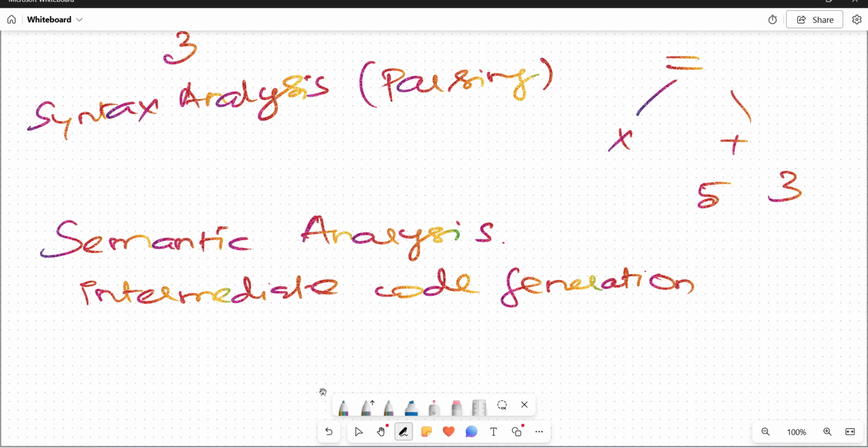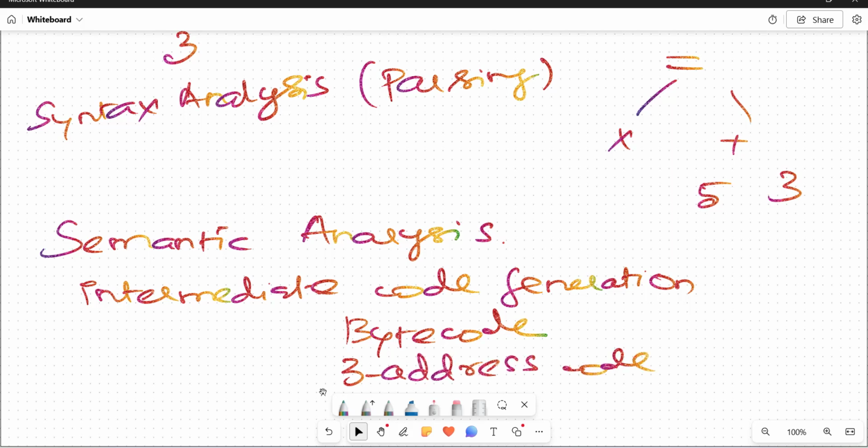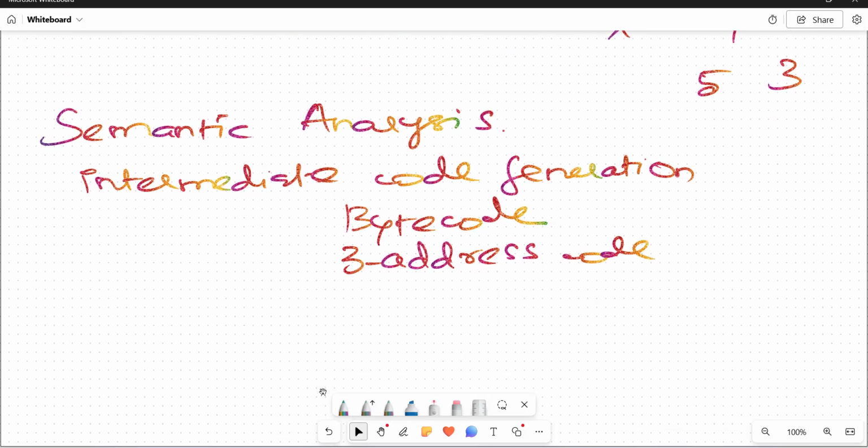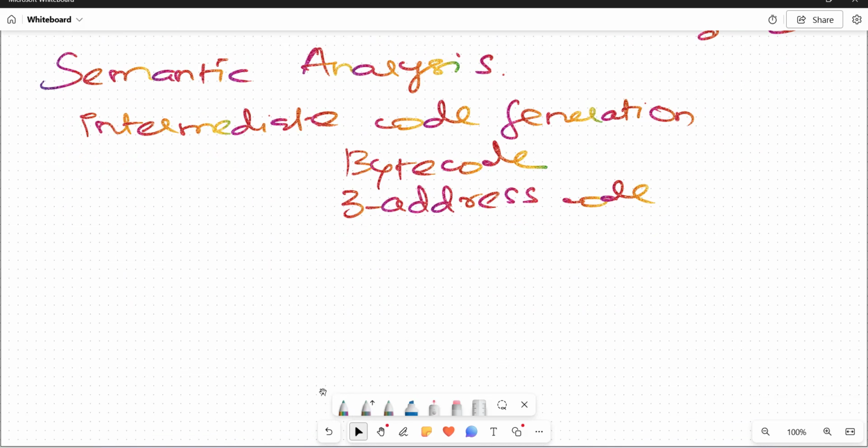Mostly we'll be going for these two, either bytecode or three address code. For the C programming language, we use three address code. It assigns T1 = 5 + 3, then x = T1. This is easier for the compiler to work with and optimize.